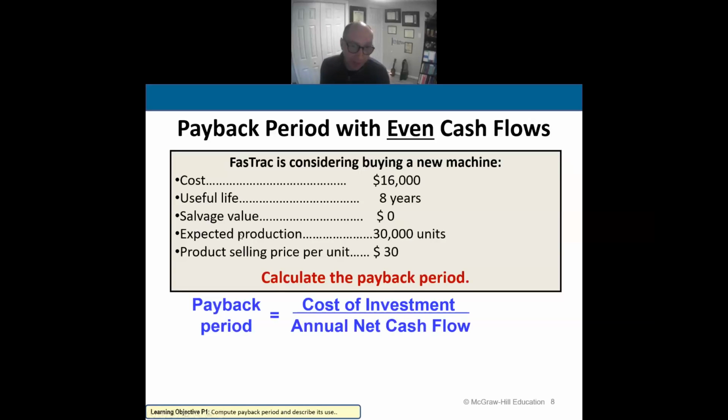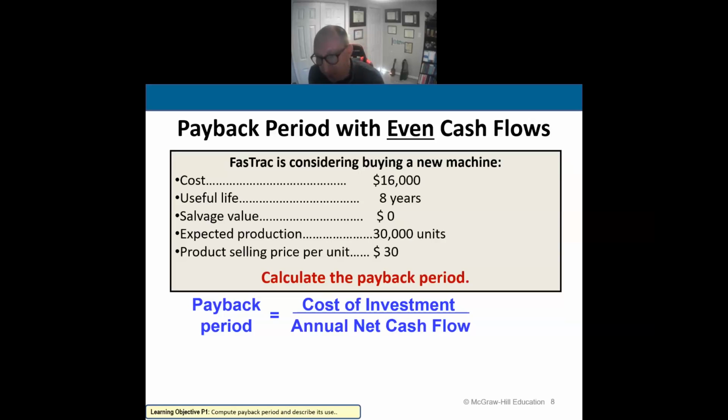Now, the payback period, of course, is the cost of the initial investment, $16,000, divided by the annual net cash flow. Well, we have to calculate annual net cash flow.